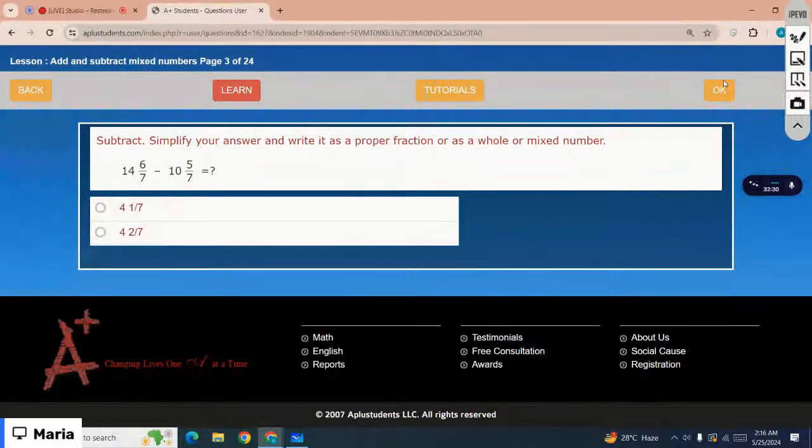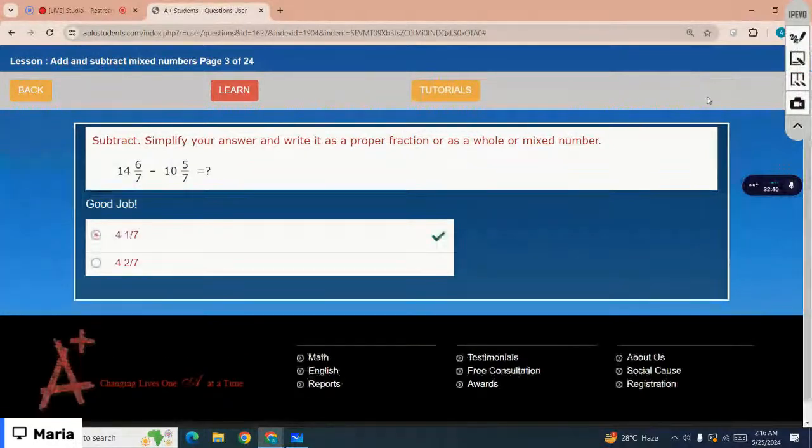That is 14 minus 10 is 4 and 6 minus 5 is 1. So that would be 4 whole 1 over 7 is the correct option. Option number 1 is the correct option.